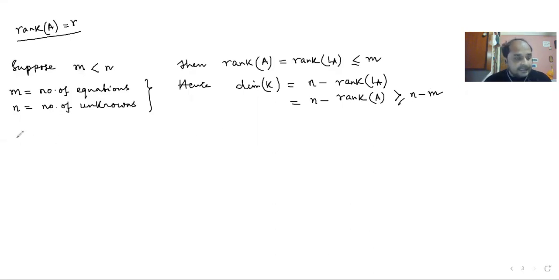How? Since the rank of LA is less than or equal to m, according to our assumption, so minus rank of LA should be greater than or equal to minus m.